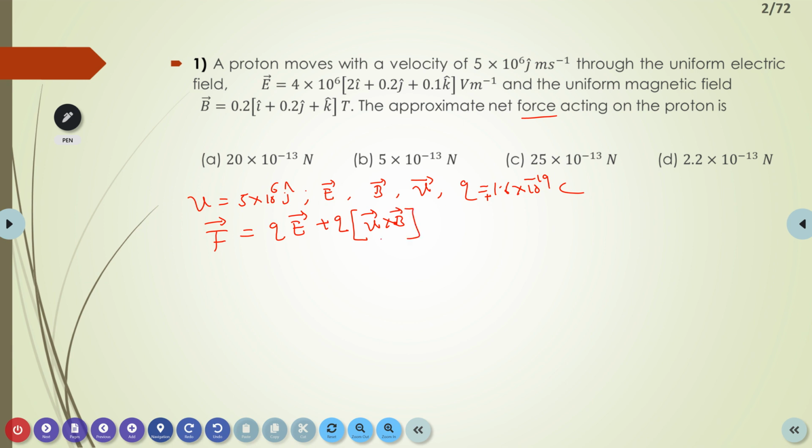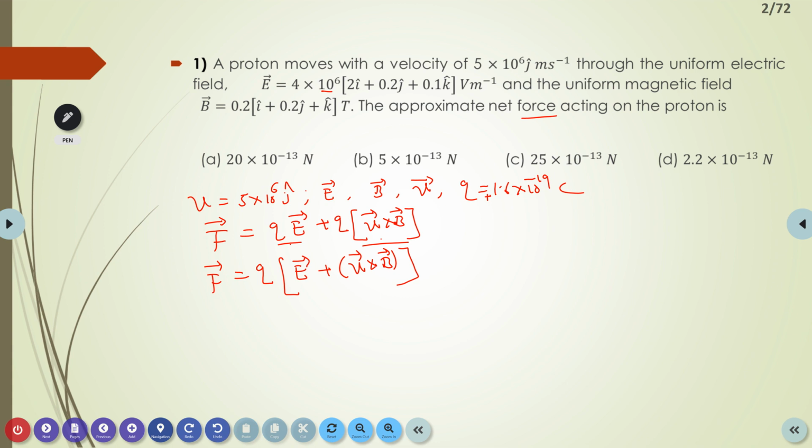This is the magnetic force and this is the electric force: the force experienced due to the electric field and the force experienced due to the magnetic field. Q is common, so Q into bracket of E bar plus V bar cross B bar.